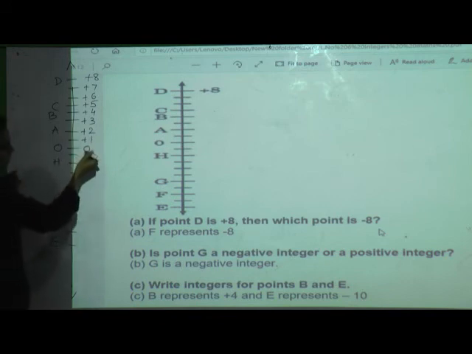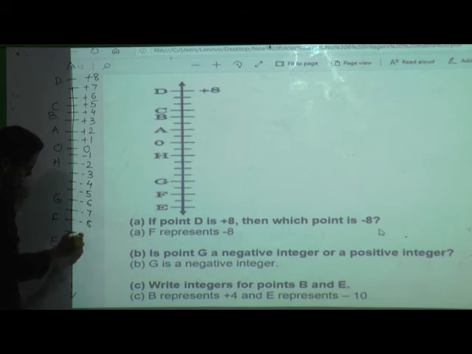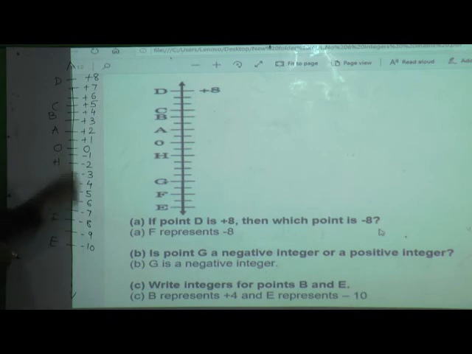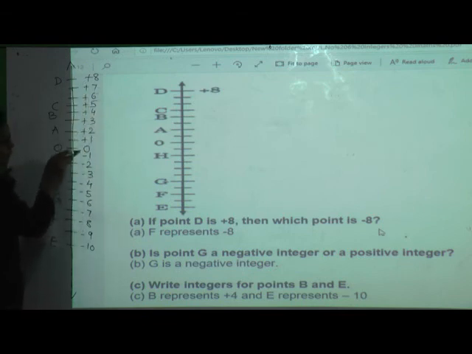Okay, and when it is in decreasing order, now we have the negative numbers: minus 1, minus 2, minus 3, minus 4, minus 5, minus 6, minus 7, minus 8, minus 9 and minus 10. Okay, now we have drawn a number line which is the vertical number line. If we move upwards we have the positive integers and if we move down we have the negative integers. Okay, now let us see the question.